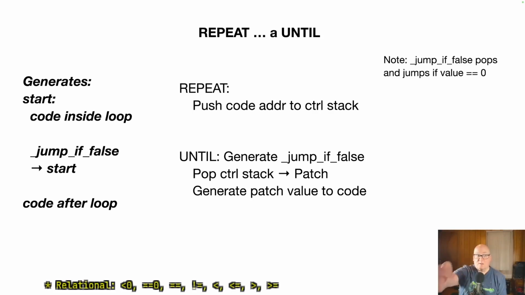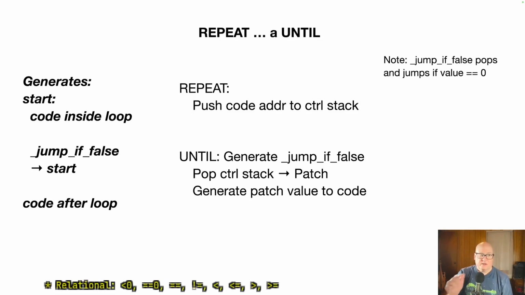That code address is where you're going to jump back to. You're just putting the address of the secondary as the thing you want to jump to.